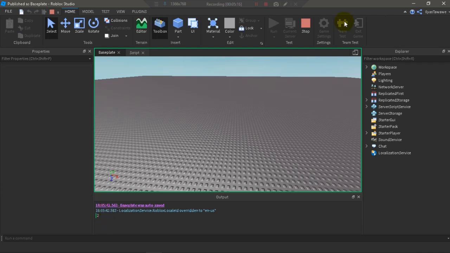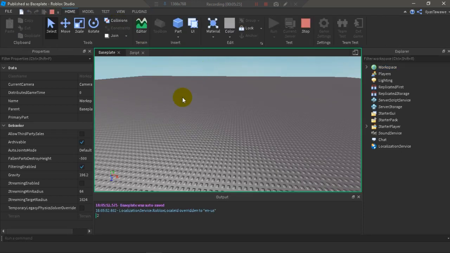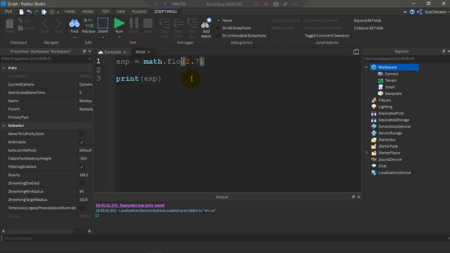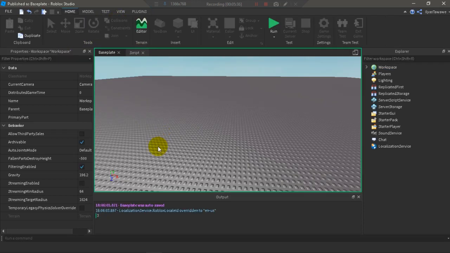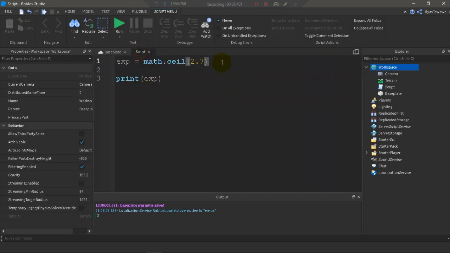We actually got 2 because we rounded down. 2.7, we're gonna round down to 2. Okay, and let's just do math.ceil, and as you see we round up to the nearest integer, 3. Cool. This is math.ceil and math.floor. They just round numbers to an integer.